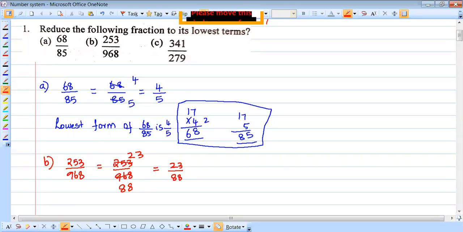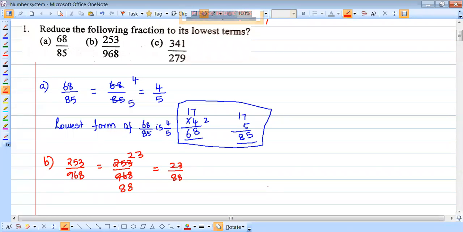Good. Simplify the third question and say the answer. Third subdivision, 11 by 9.